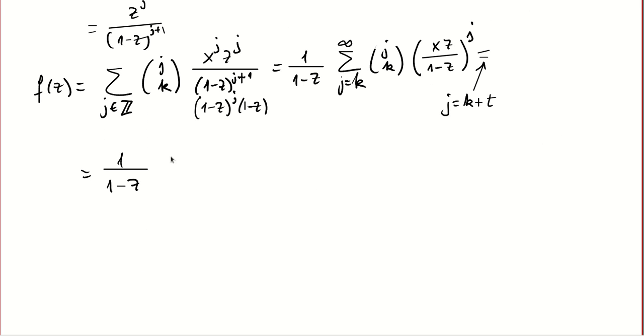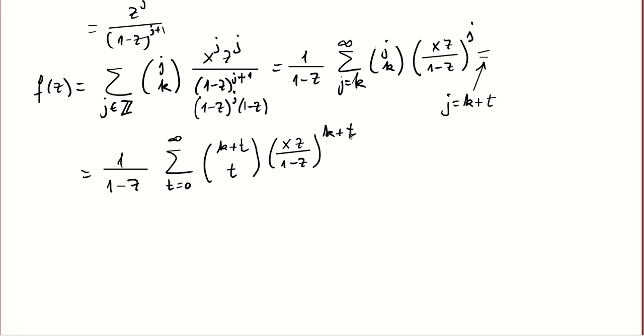Then we have the sum from t=0 to infinity, because t equal to 0 corresponds to j equal to k, and all the way up. Then we have here, instead of j, we write k plus t. We can write here k or t, doesn't matter, because of the duality of the combinatorial numbers. And then we have here xz over 1 minus z, to the k plus t.